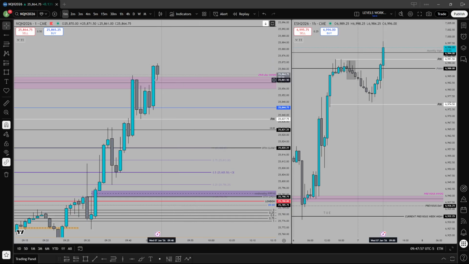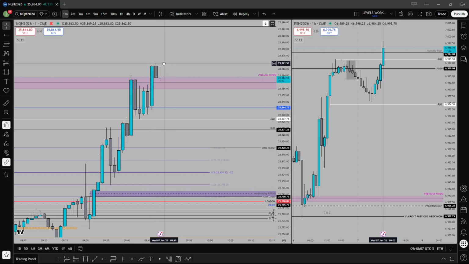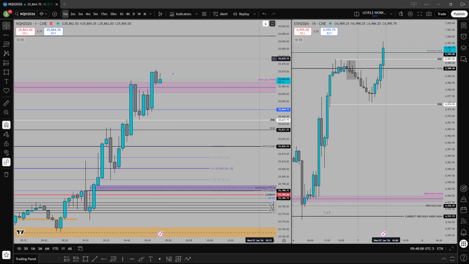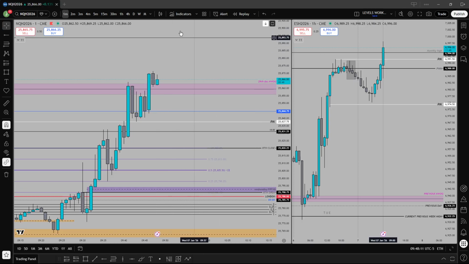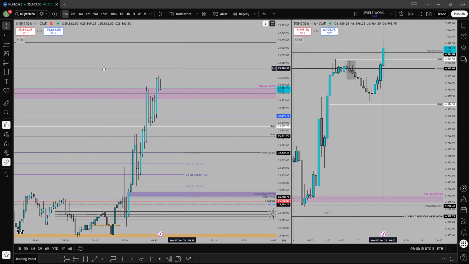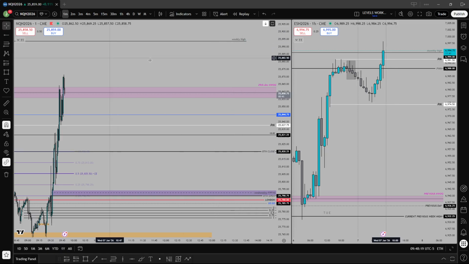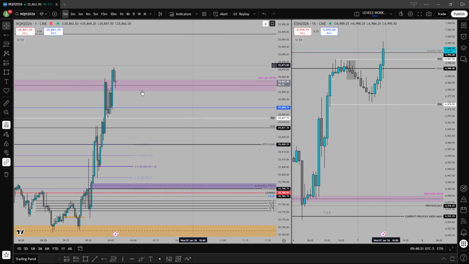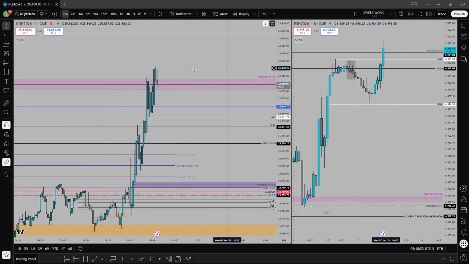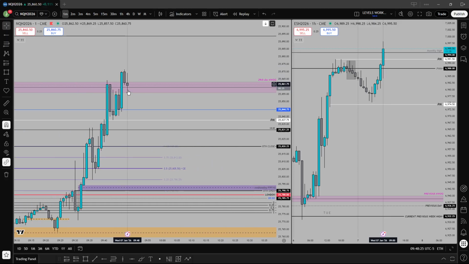Next candle, I wanna see it tap this gap, but not fully close it in. Then if it starts going for the high, then we're gonna consider that price wants to sweep this high, which is the monthly high again. So weekly high. I wanna see how the body reacts.